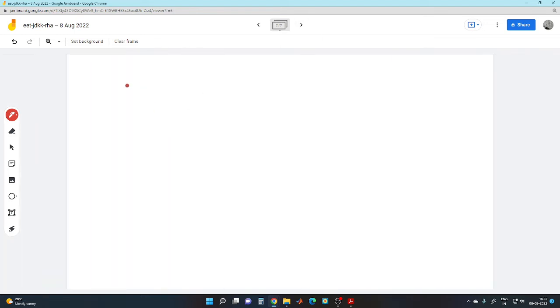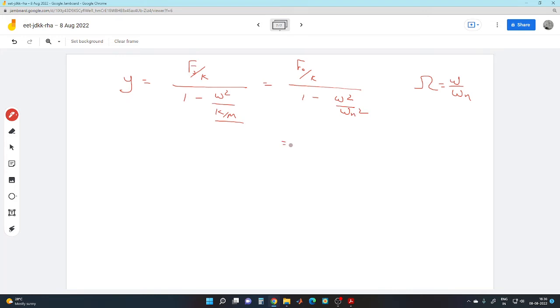So if we simplify it even more, capital Y is F naught by k upon 1 minus omega square by k by m. K by m is nothing but square of natural frequency, and omega by omega n is nothing but capital omega. So F naught by k upon 1 minus omega square by omega n square, which can be rewritten as F naught by k upon 1 minus capital omega square.